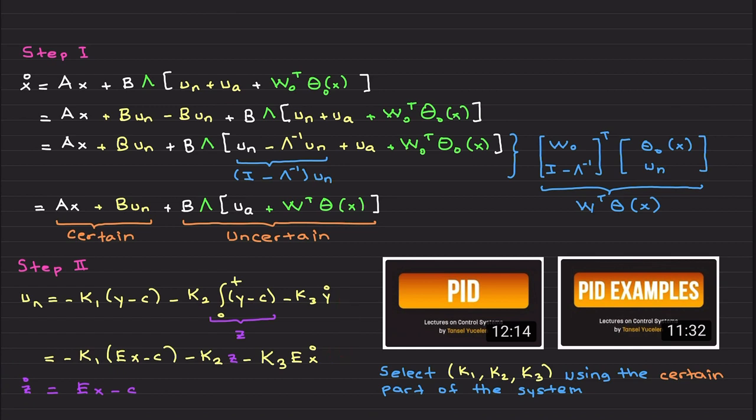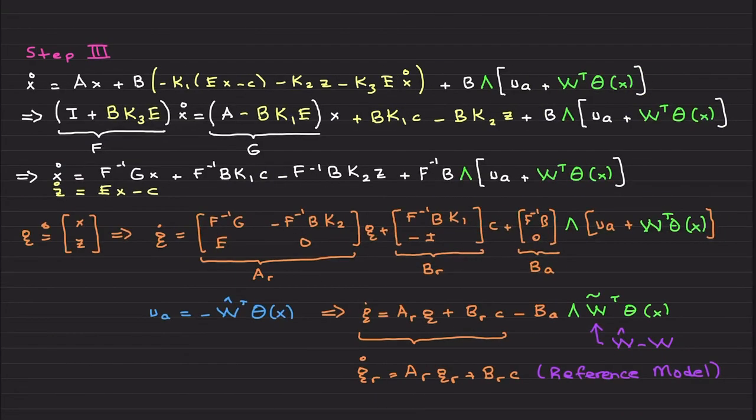so that we can write the nominal controller like this. After step 2, this is a little bit involved, but bear with me. This is not that hard to understand. So once you plug your nominal controller here, you are going to have an x dot here and here. So you need to solve this for x dot.